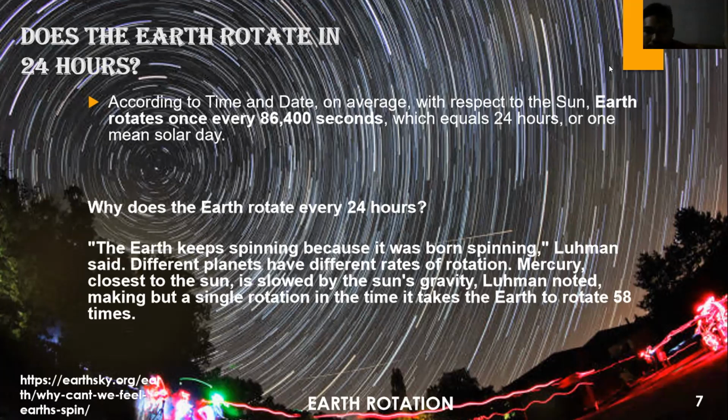Luhmann also noted that different planets have different rates of rotation. Mercury, closest to the sun, is slowed by the sun's gravity, making but a single rotation in the time it takes the Earth to rotate 58 times.